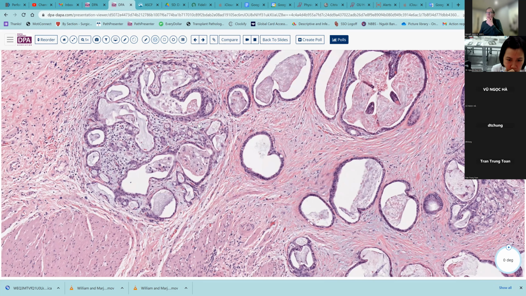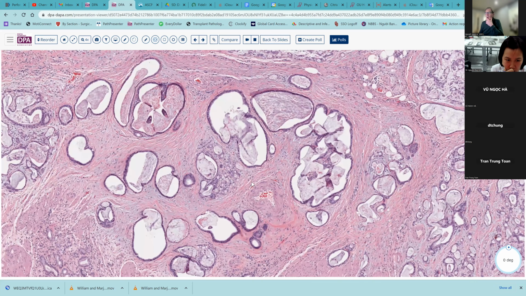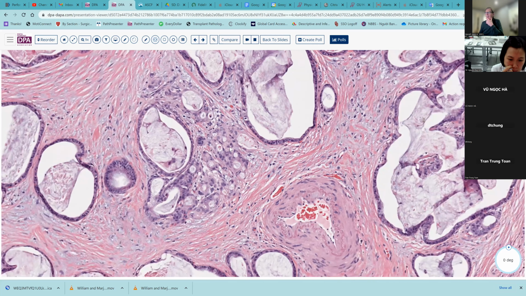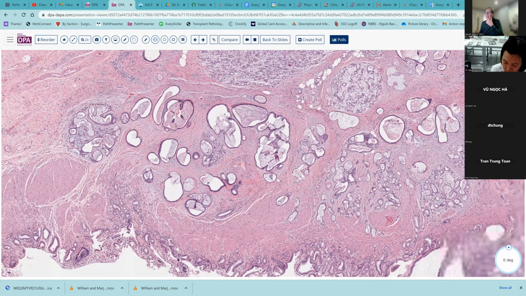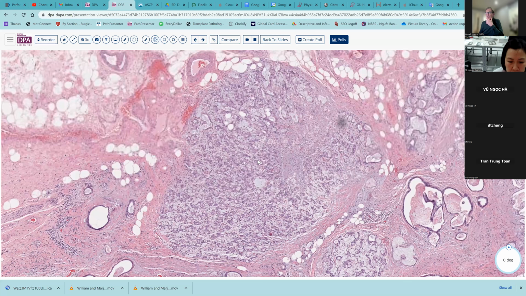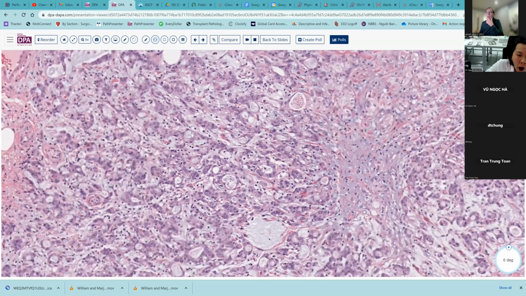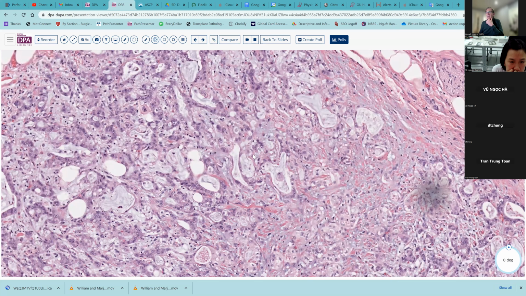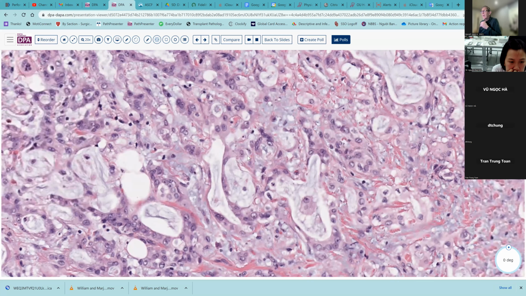And so we're seeing areas of more poorly differentiated, almost signet ring cell type patterns here, some of these cribriform areas in that area. Then, as we can see, this penetrates outward, and it has more of this very poorly differentiated morphology with small mucin-filled spaces, a few more signet ring type cells, and this very poorly differentiated appearance, not looking like the well-differentiated stuff that we have on the surface.